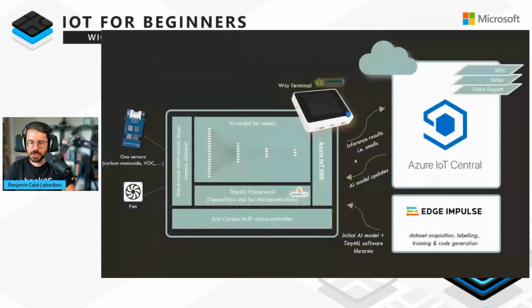But yeah, at the end of the day, using TinyML/Edge Impulse plus Azure IoT, you build a device that is a reasonably constrained device, a device that can be powered out of battery. And that's a device that not only manipulates sensor data, but that also makes sense out of the sensor data, right?